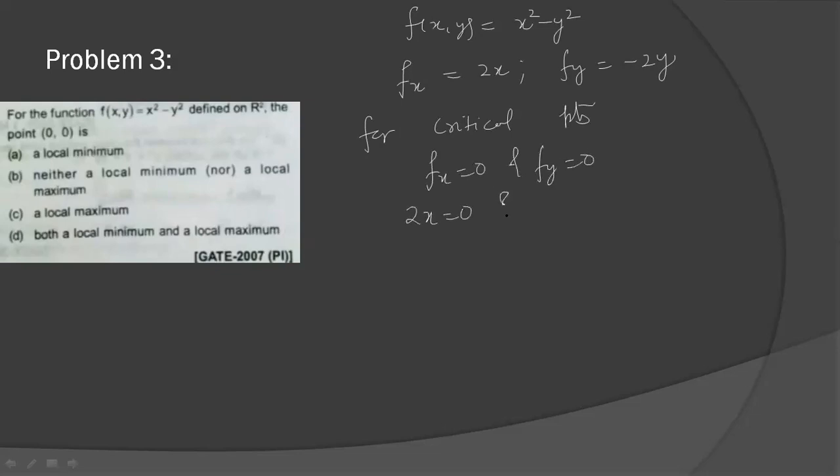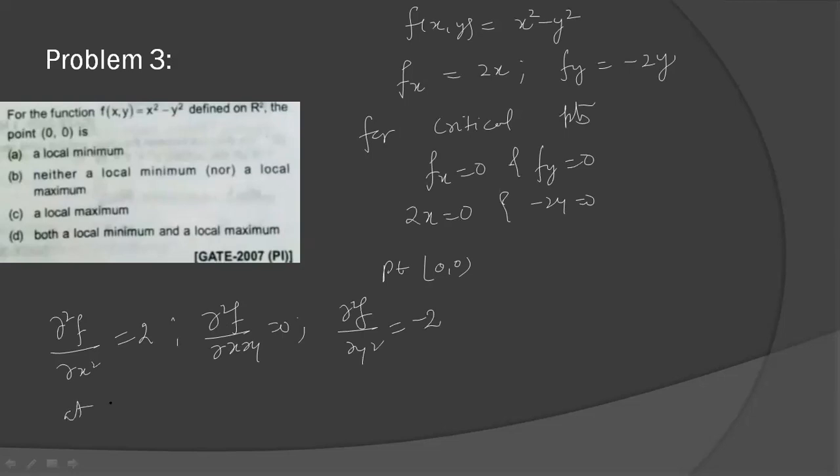So 2x equal to 0 and minus 2y equal to 0 means the point is (0, 0). Now I am going to find the second derivatives. Del 2f by del x square is 2. Del 2f by del x del y is 0. Del 2f over del y square is minus 2. At (0, 0), r will become 2, s is 0 and t is minus 2.